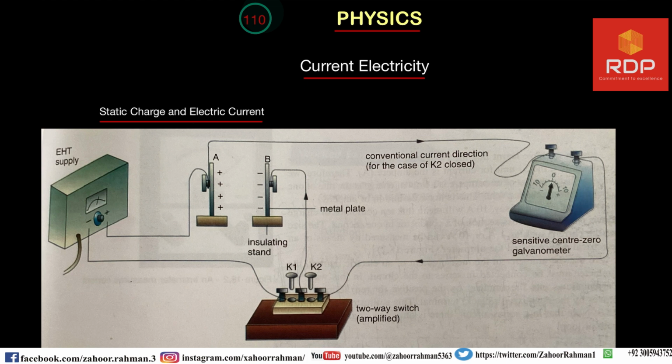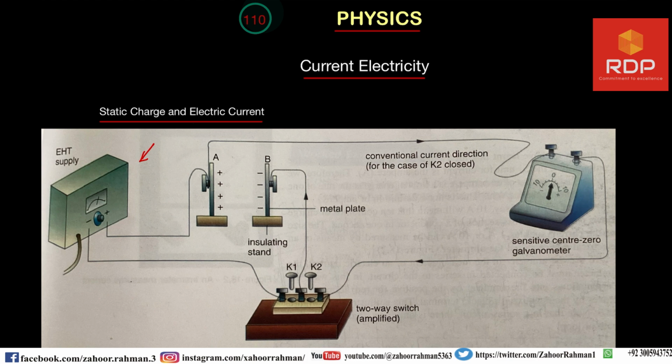First, plug in K1 to provide a continuous conducting path, called a circuit, linking the extra high tension power supply to the two metal plates A and B. These are the two metal plates A and B, and this is the extra high tension supply.